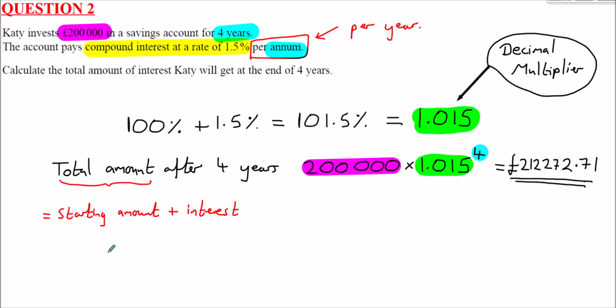And so therefore, the interest Katie gets is going to be the final amount, which is 212272.71 minus her original 200,000.